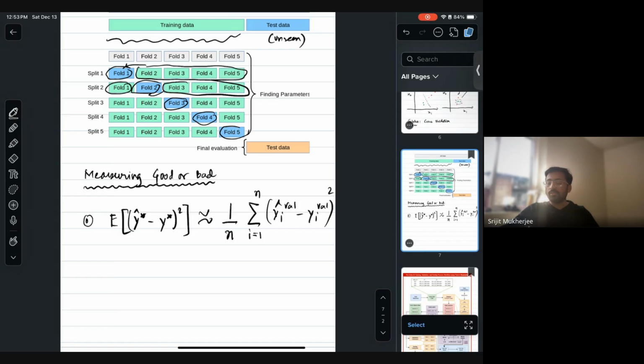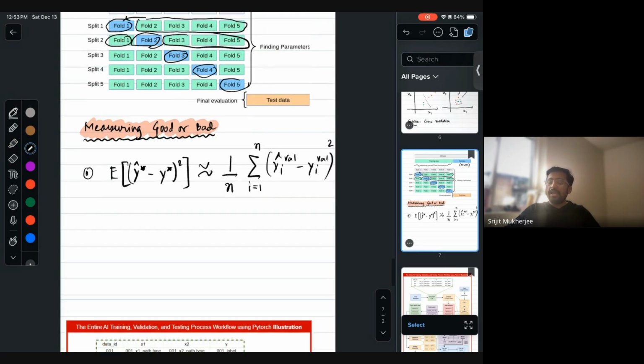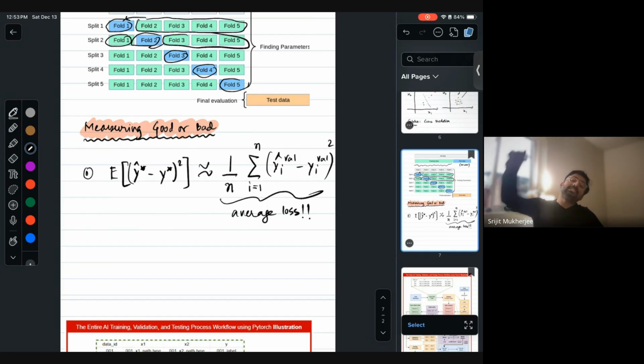This is the approximation, right? It's a very good approximation, because that's the best we know. And so this is average loss, because this contains both bias square and variance.